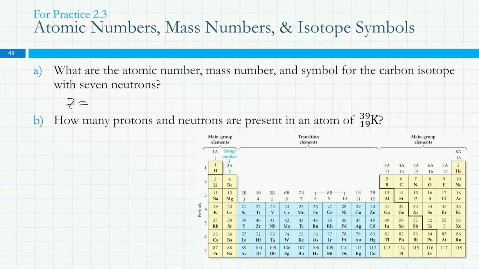Atomic number is Z. The mass number? 13. Because we've got 7 neutrons. So it'd be carbon 13. And then I guess the other way to write this out would be carbon 13 and 6.